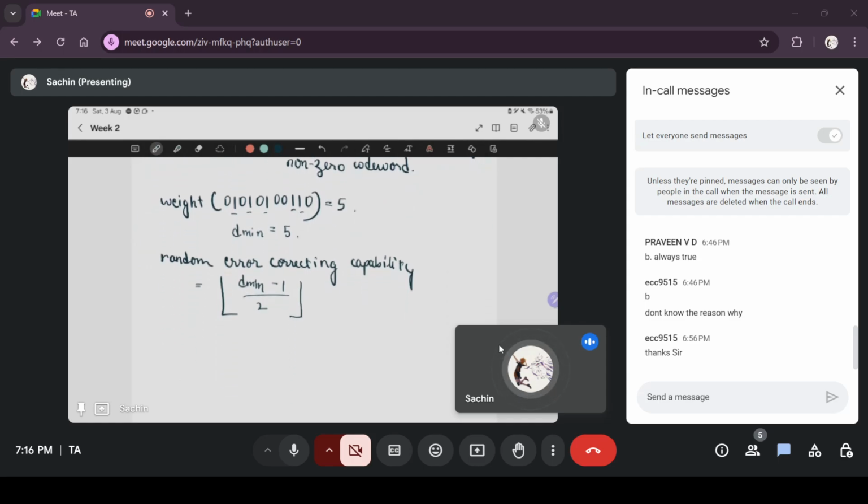And d min is 5. So this is 5 minus 1 over 2. 5 minus 1, 4, divided by 2 is 2. Floor of 2 is simply 2. So it can correct up to 2-bit errors.